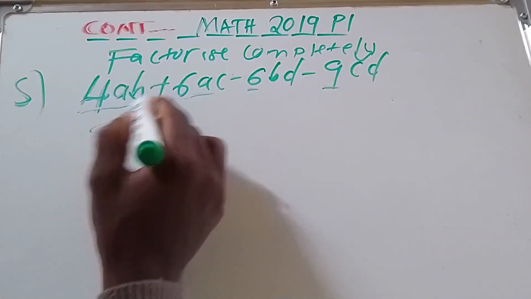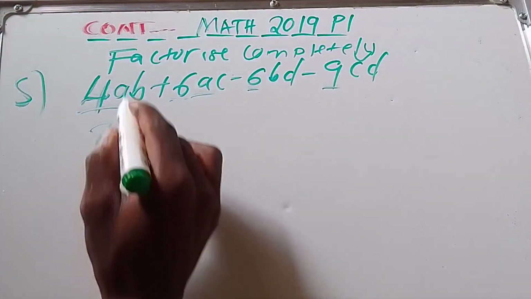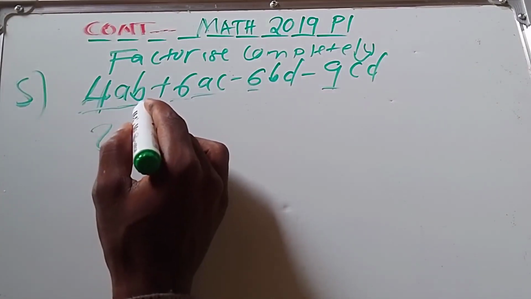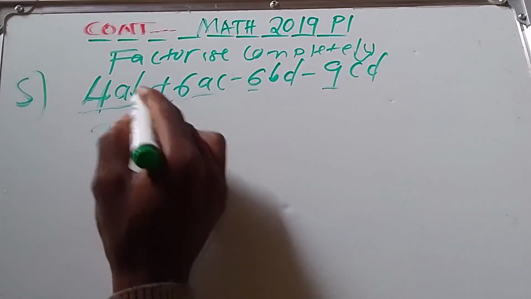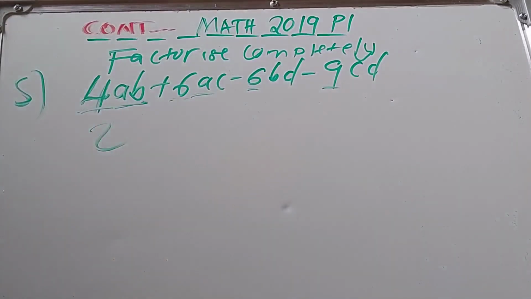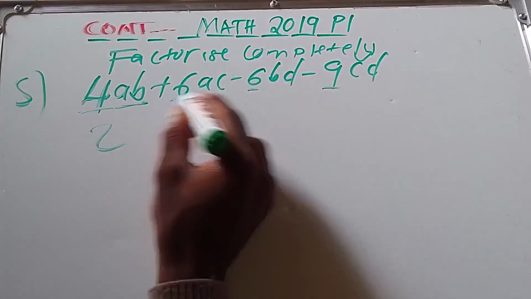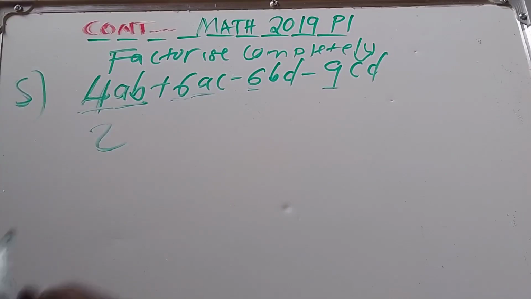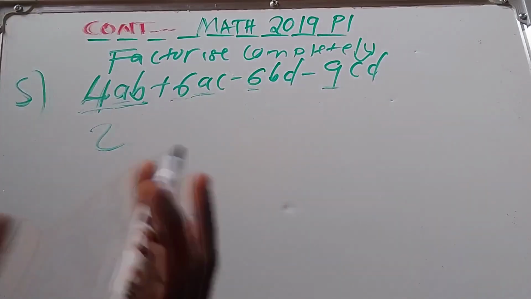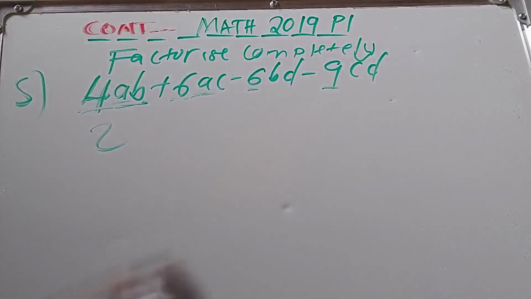But is this 4 having letters which have a common letter with 6? Yes, of course. We can see that we have a here, and here we have a. So I can get these 2 terms and couple them.